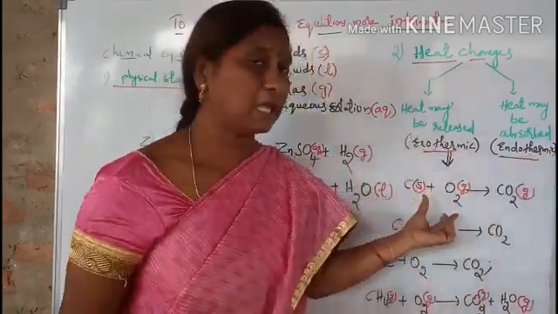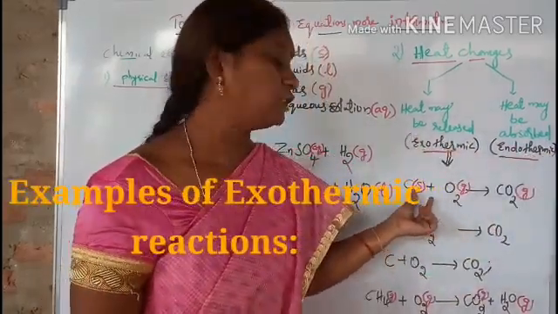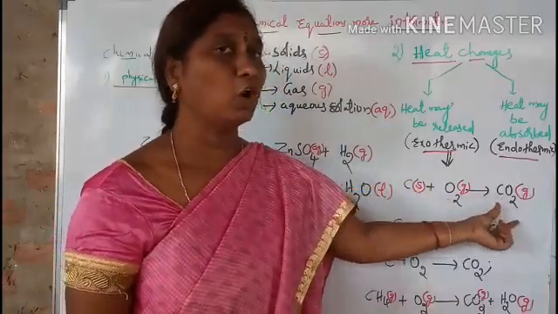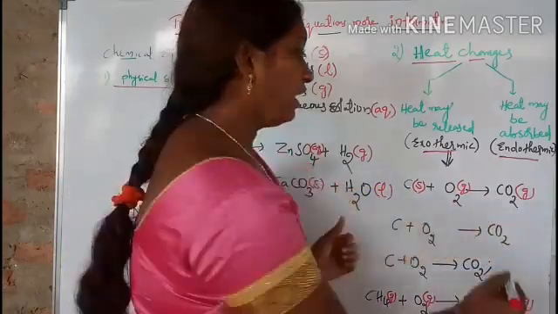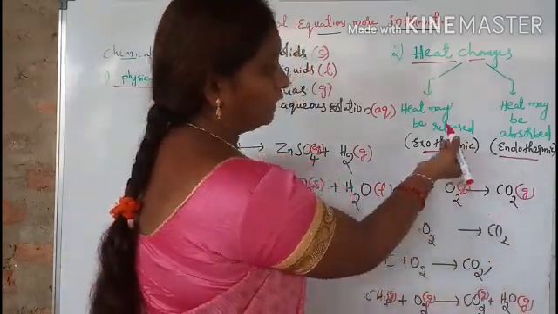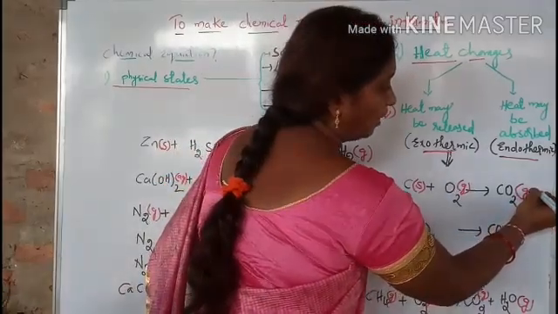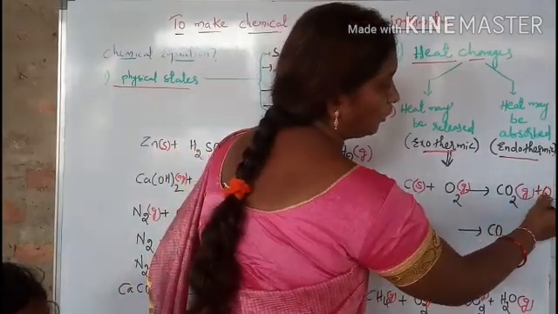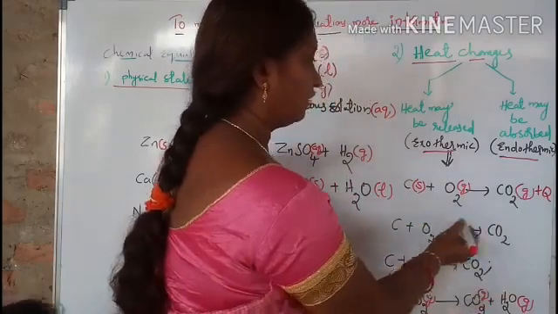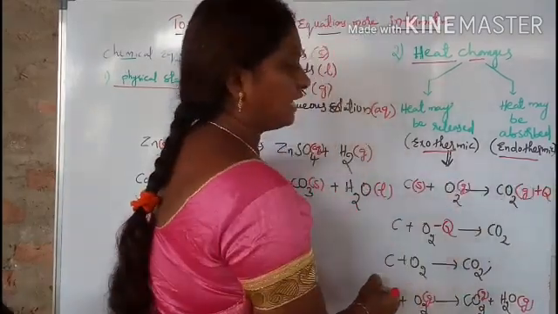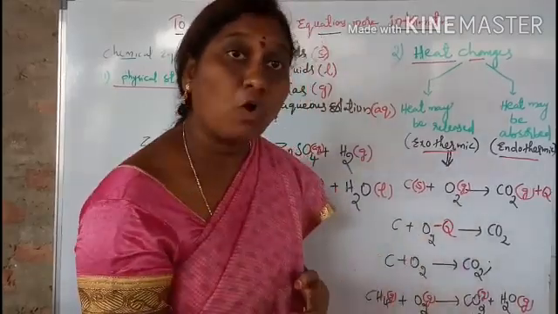Here we'll see some examples of exothermic reactions. C plus O2 gives rise to CO2. In order to indicate the heat released in this reaction, you have to write plus Q on the product side, or you can write minus Q on the reactant side, or you can write it outside the reaction.